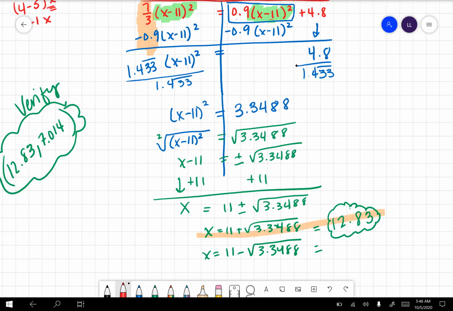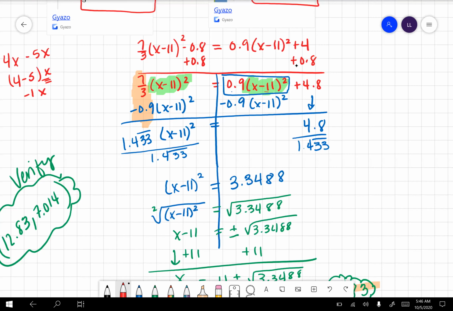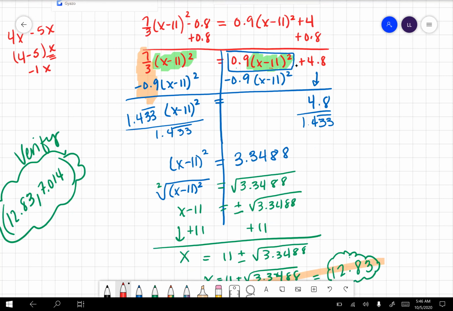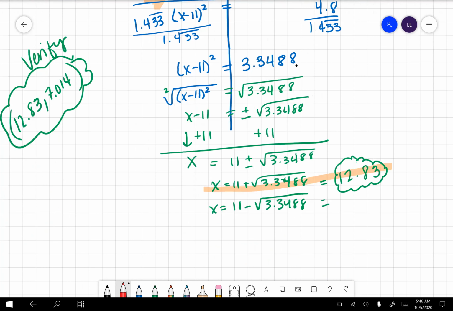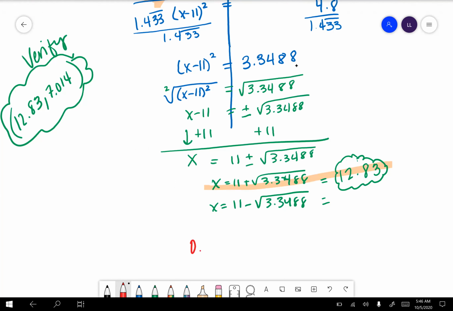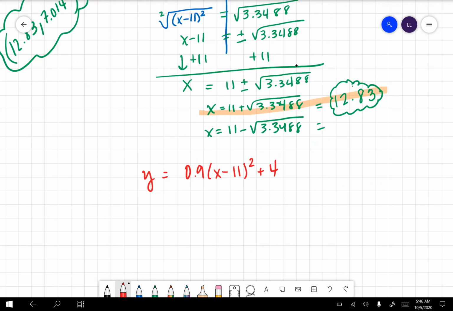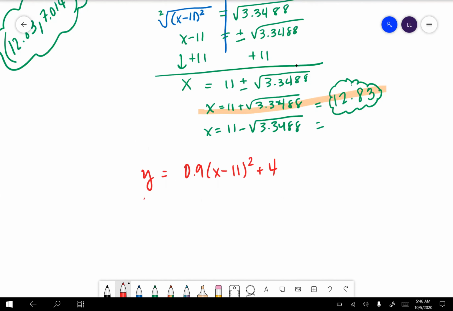So let's see. We got 0.9 times (x minus 11) squared plus 4. And we're going to plug the number 12.83 into that function. So y is equal to 0.9 times (12.83 minus 11) squared plus 4. And we're checking to see if that's going to give us 7.014.